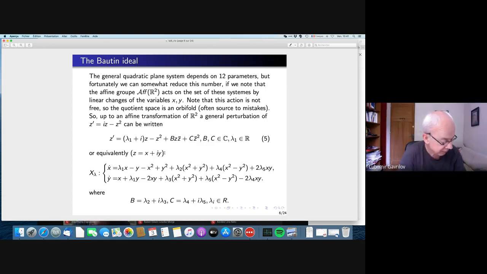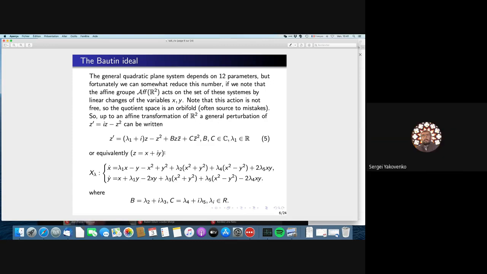But be careful, in any case, this action is not free in general. Comparing to the Bautin's case of the perturbation of the genuine center without the quadratic term, you can get rid of the capital A because it can be absorbed in the coefficient 1 before Z square.